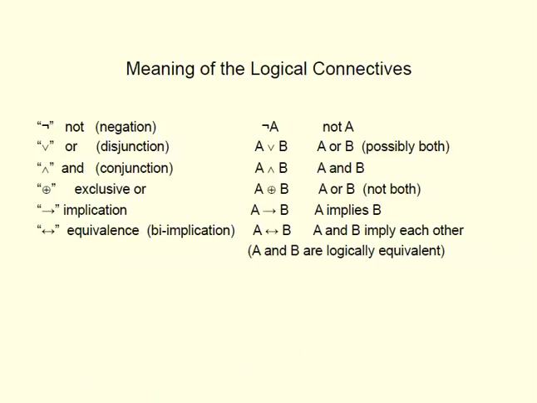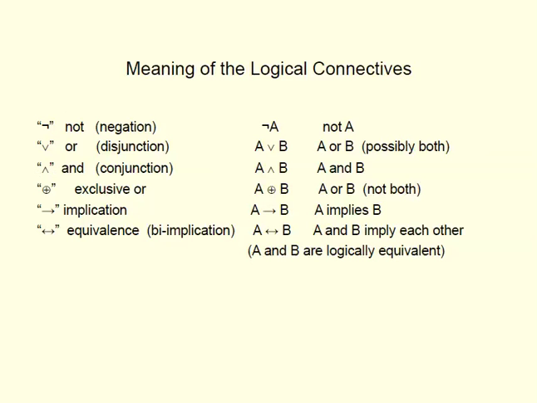So now let's get to the meaning of these different logical connectives. For example, the not is simply called negation, and it means that A is not the case. We talked about that already and gave examples. We have the or.